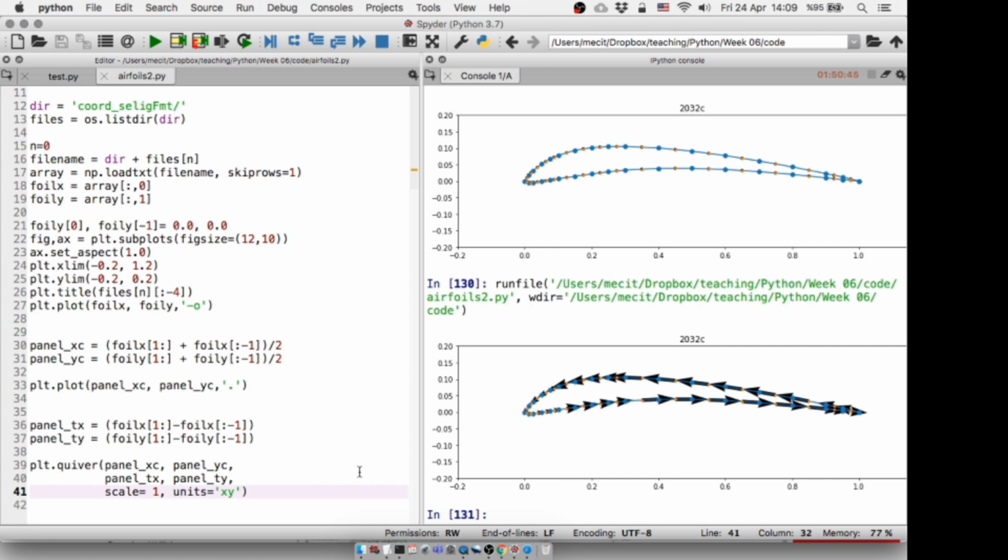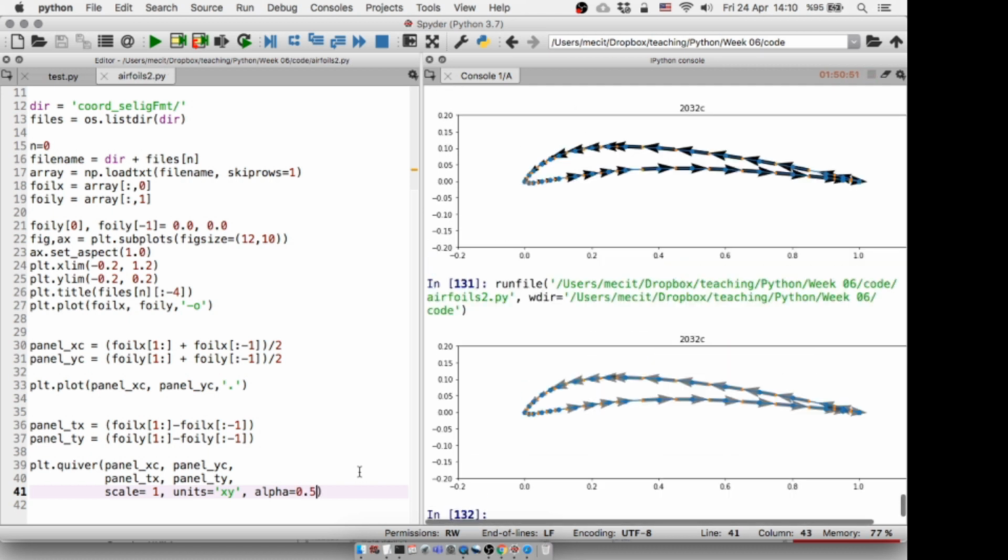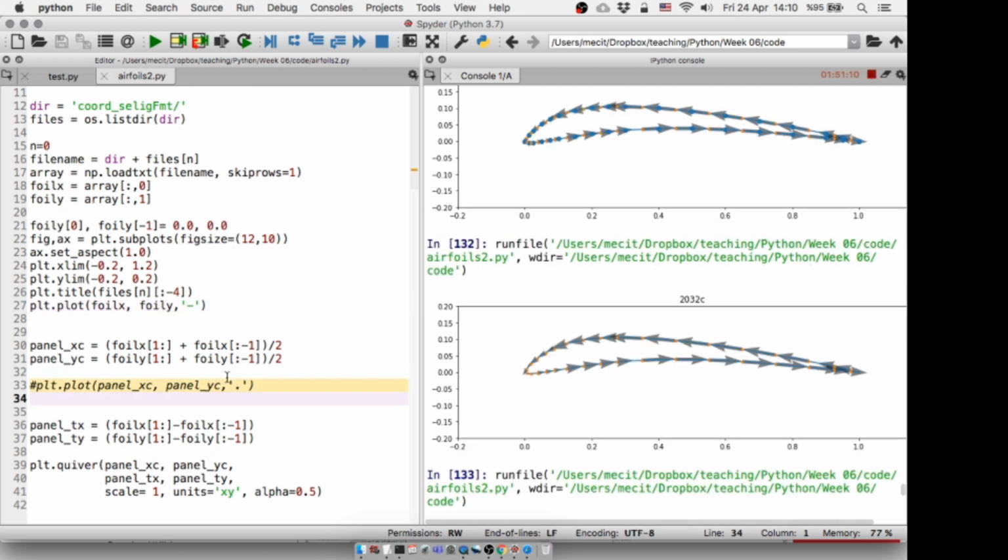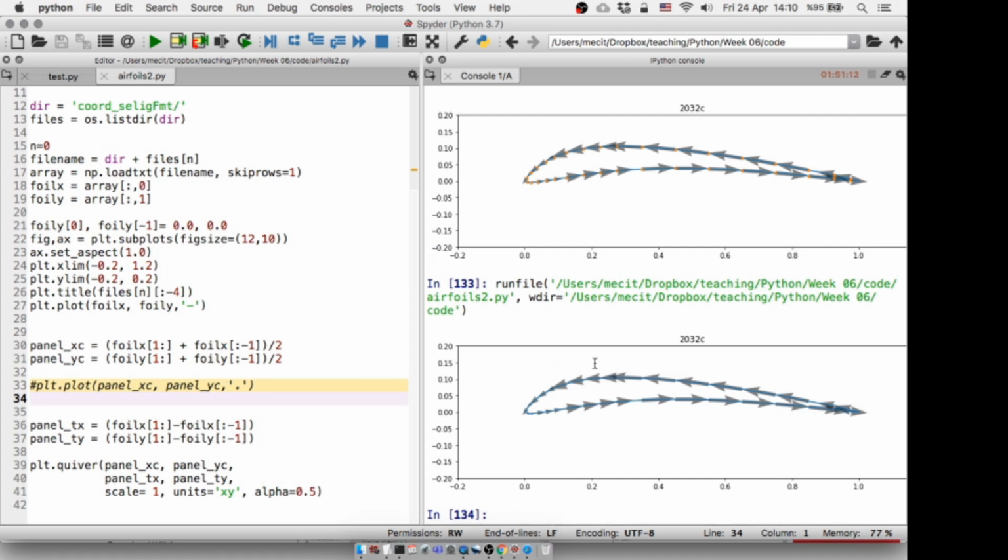I can make them a little bit transparent to make them look better. At this point maybe I can take off the panel points and show only the panel centers, or I can take the panel centers off as well.